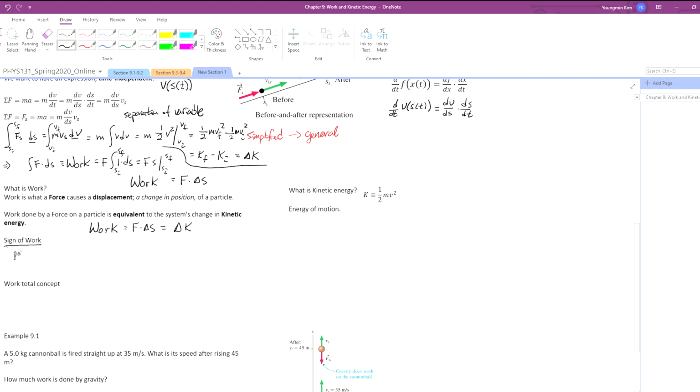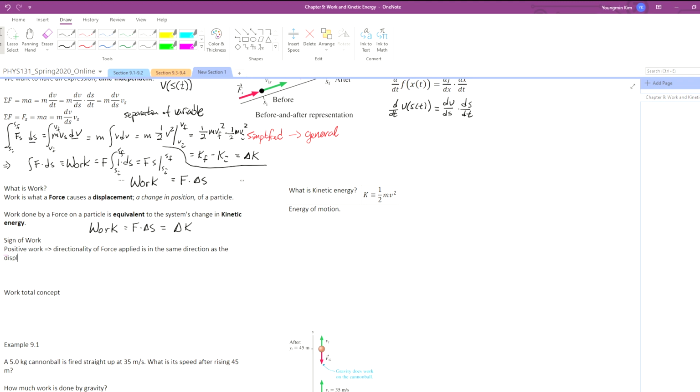So let me write down here: positive work means that the directionality of the force applied is in the same direction as the displacement.